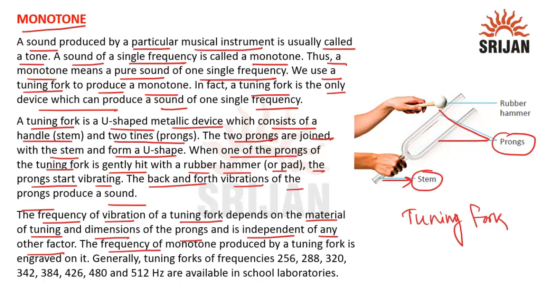The frequency of the monotone produced by a tuning fork is engraved on it. Generally, tuning forks of frequencies 256, 288, 320, 342, 384, 426, 480 and 512 Hz are available in school laboratories. So the frequency is engraved on the tuning fork.